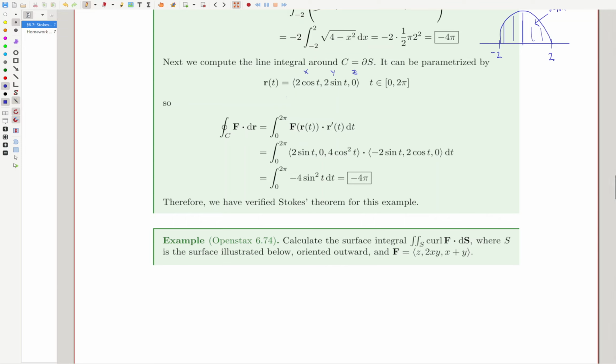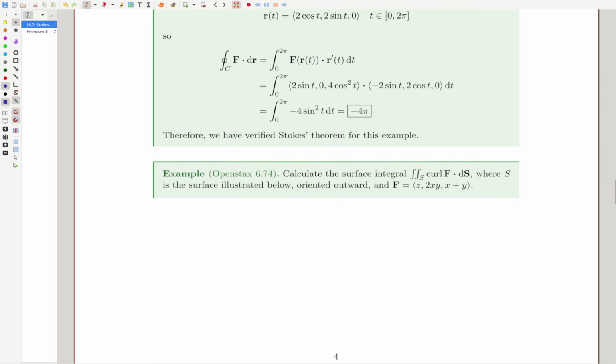Or is it plus 1? One of them is a plus, I think. I always have to rederive it from the double angle formula. But you know how to deal with that. Either way, this ends up being minus 4 pi. So we were able to verify that Stokes' theorem holds true for this example with this particular surface and this particular vector field.